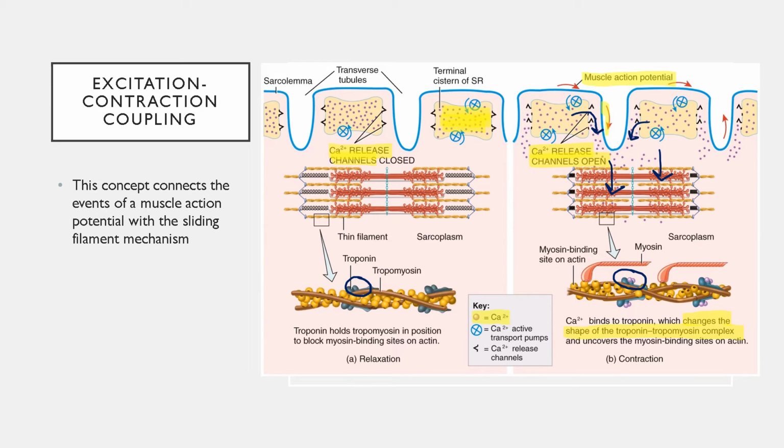Now, once these binding sites are free, the myosin heads will bind to them to form the cross bridge. And then this is when that contraction cycle begins, that contraction cycle we just talked about.